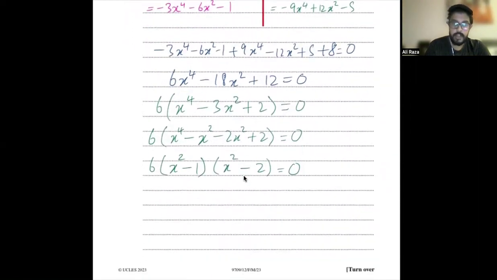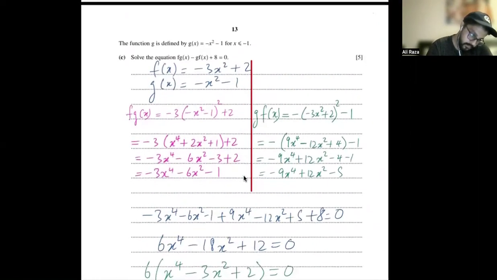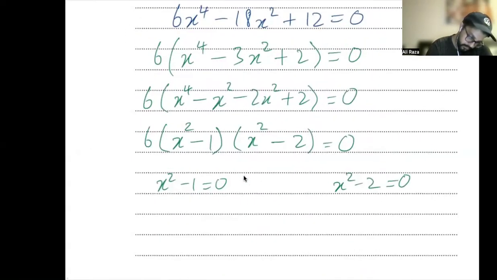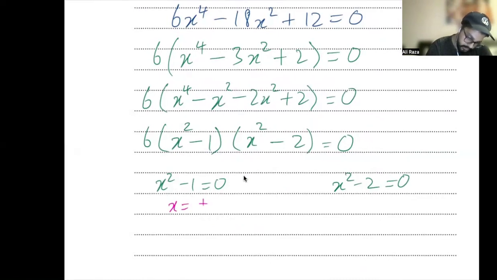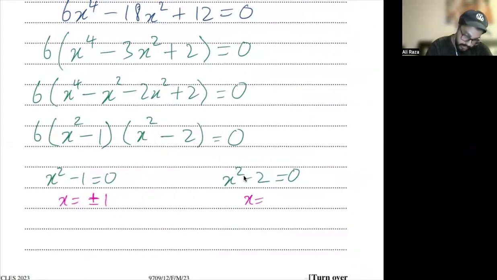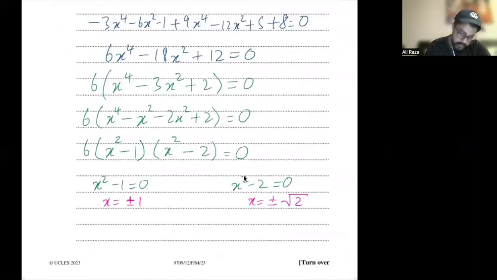Now we can find the values of x. x squared minus 1 is equated to 0, and x squared minus 2 is equated to 0. x comes out to be plus minus 1 in this case, and x over here comes out to be plus minus root 2.